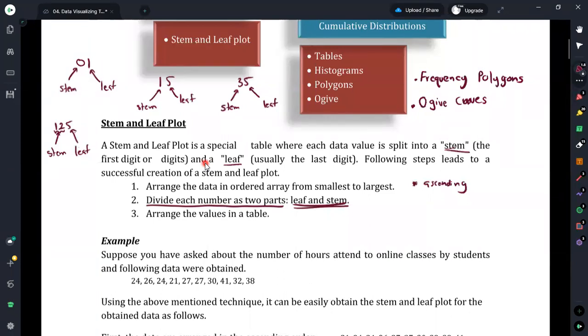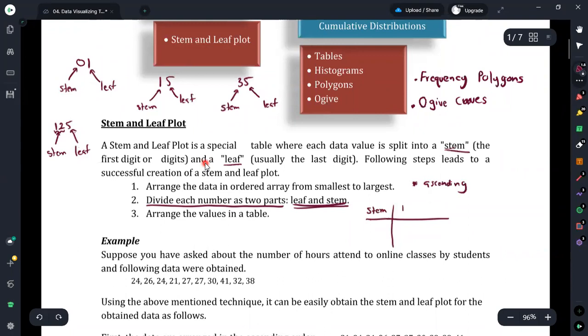Then we arrange these values in a table having two columns. Once you construct the stem and leaf plot, you will get the stem in the first column and the leaf in the last column of this table.